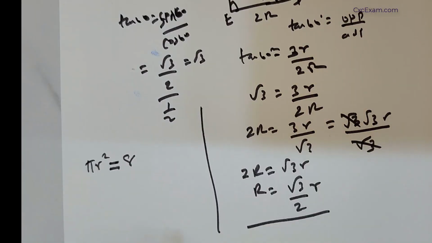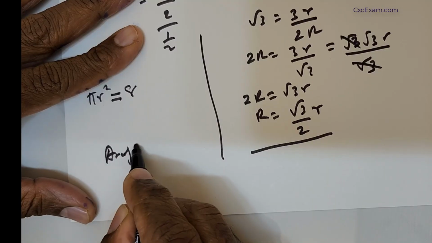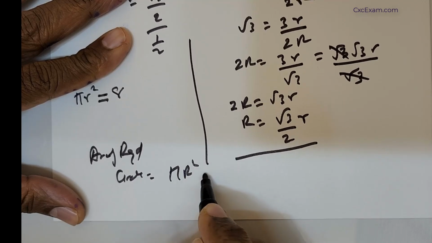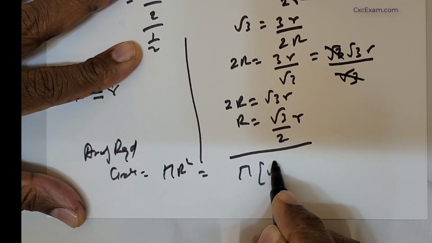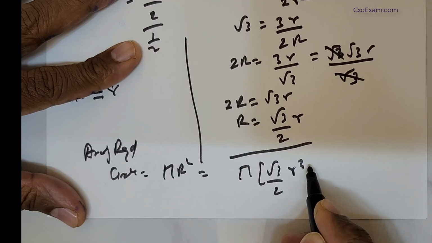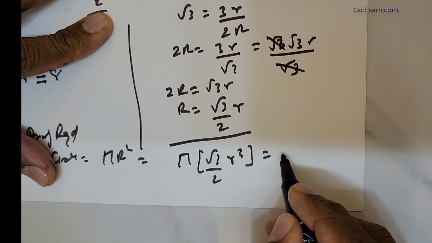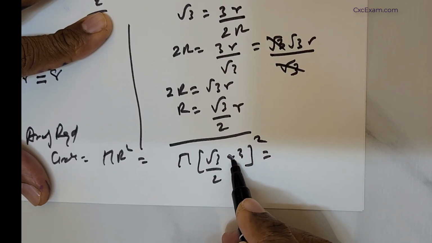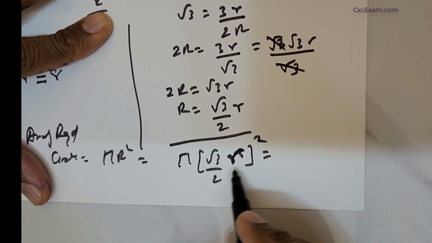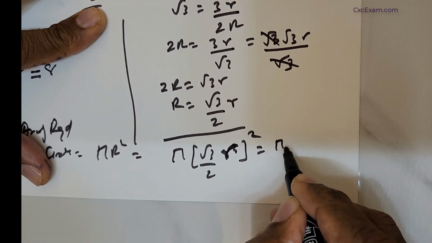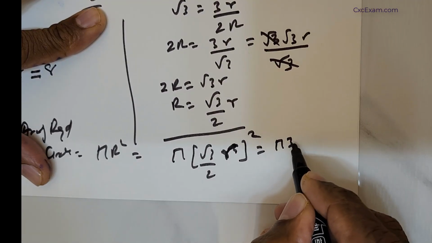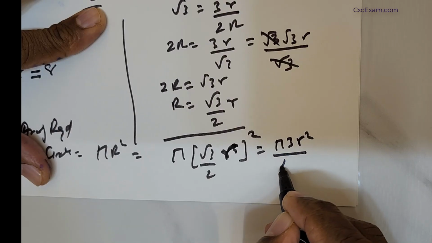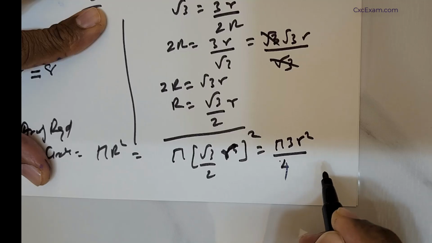The area of the required circle is going to be pi capital R squared, which is going to be pi times root of 3 over 2 times r, all squared. So I'm squaring it, so I'm going to get pi times root of 3 squared is 3, and I have r squared and I have 2 squared. 2 squared is going to be 4.